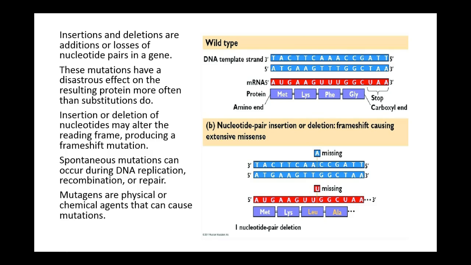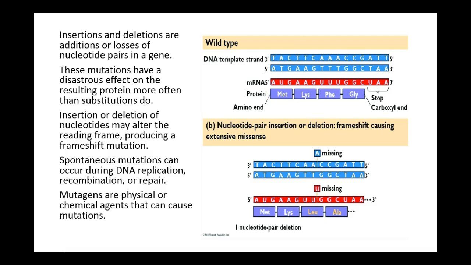They will change the reading frame of the messenger RNA sequence, so they will shift the reading frame with regard to the protein that is made. They then lead to serious problems in the individual or wherever this is showing up.